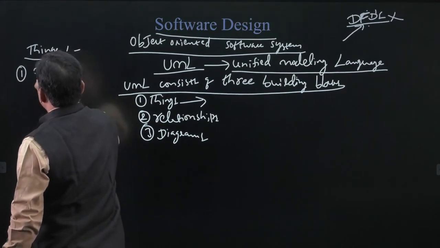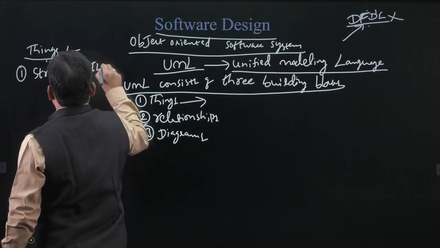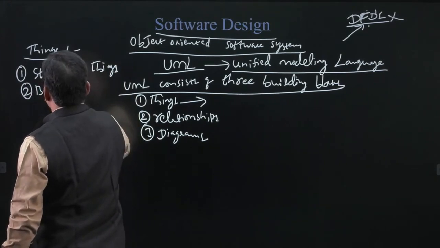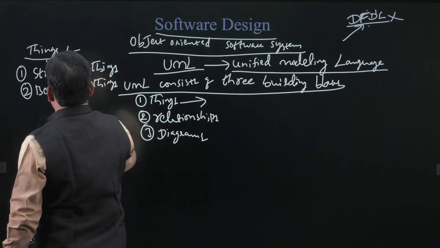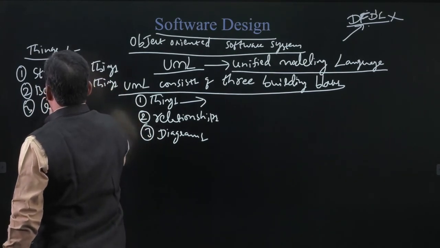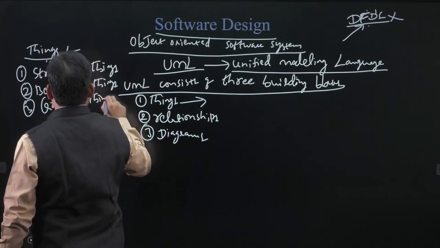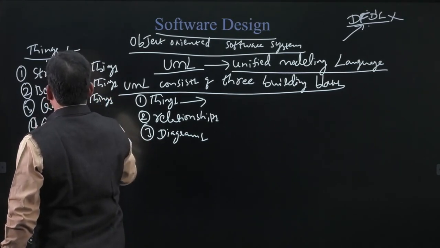First one is structural things. Second one is behavioral things. Third one is grouping things. Fourth one is annotational things.